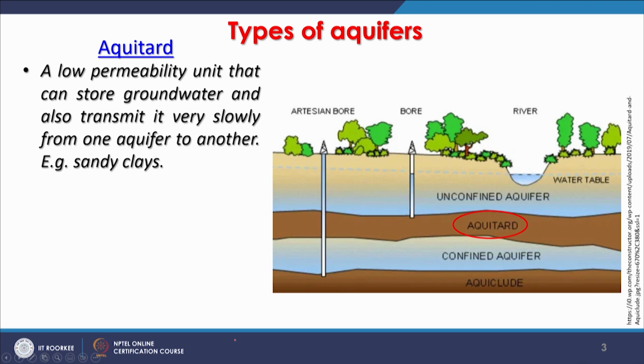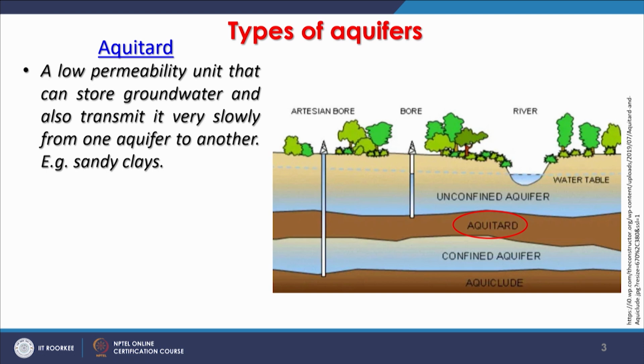So, let us bring in Aquitard now. Aquitard is basically a low permeability unit that can store groundwater and also transmit water very slowly from one aquifer to another. An example here is sandy clay.